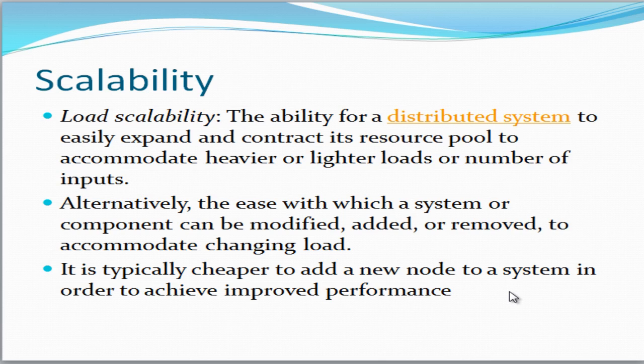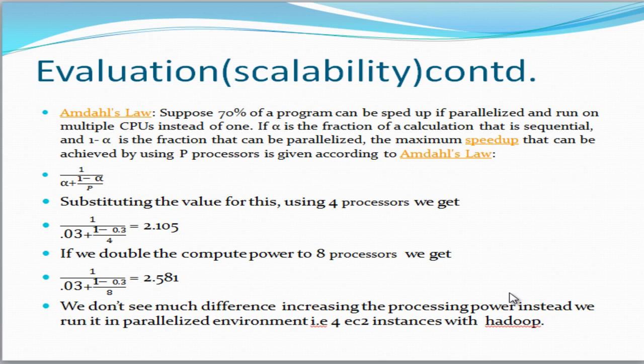Basically, we can measure the system scalability using Amdahl's law. Let's look into this example. Suppose 70% of a program can be sped up if parallelized and run on multiple CPUs instead of one. Here, alpha is the fraction of the calculation that is sequential, and 1 minus alpha is the fraction that can be parallelized.